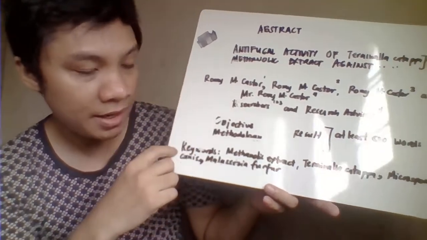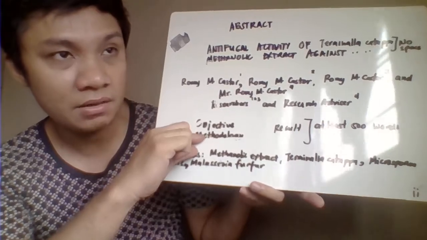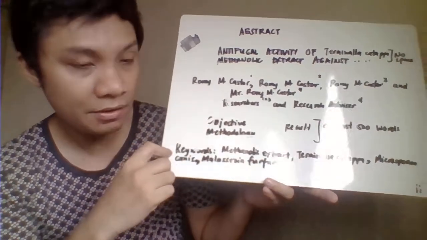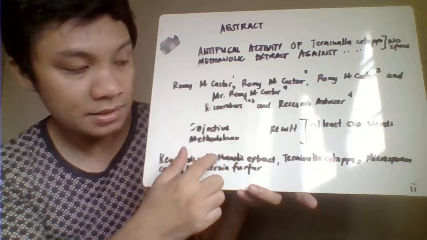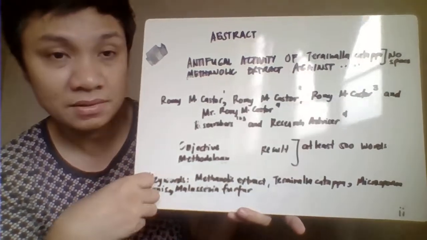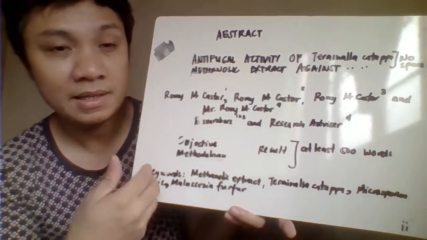Okay, then after that one, at the lower portion, you leave another 3 spaces. Then you write the word keywords, colon, then try to choose among the terms that would identify your study.